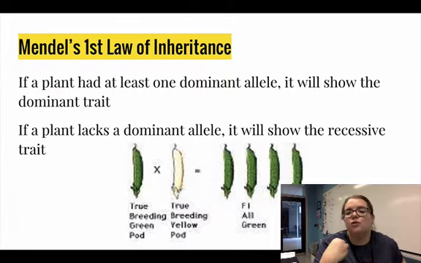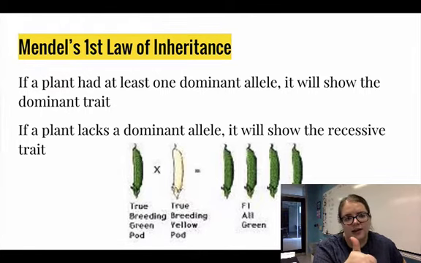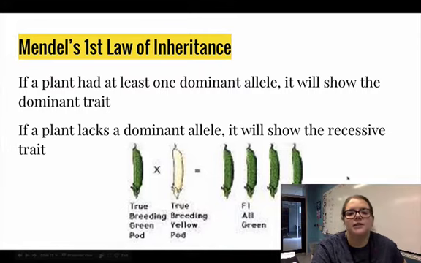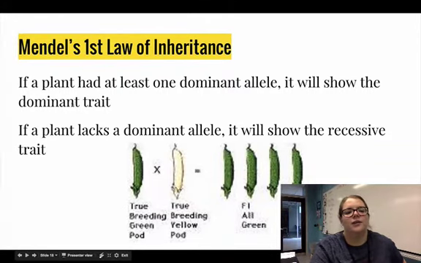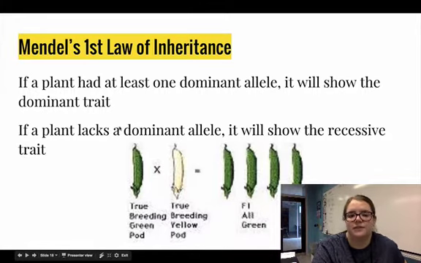The dominant trait, you just need 1 big H. So big H, big H and big H, little h will both have a straight thumb. The recessive trait, having a hitchhiker's thumb, right? You need 2 alleles to show that, little h, little h. So dominant allele, you only need 1. If the plant doesn't have a dominant allele, if it has 2 recessive, it'll show the recessive trait.